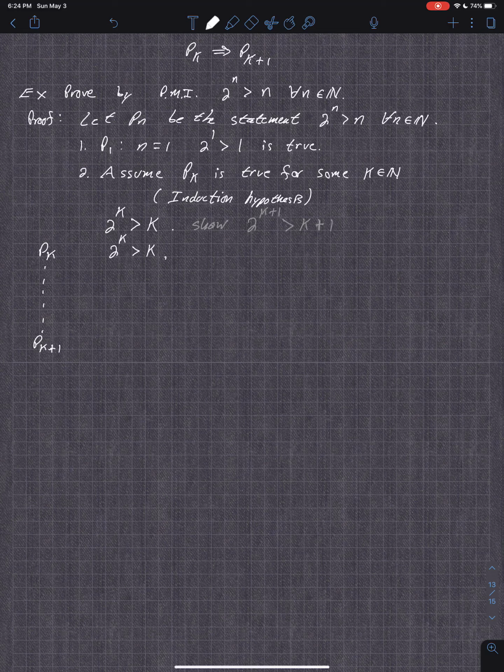And what you can do when you're working on it is go ahead and write that down. That's 2 to the k plus 1 is greater than k plus 1. So you know that's where you're heading. And once you get there, you'll be able to conclude, this is important too, therefore, P sub n is true for all n in the naturals.